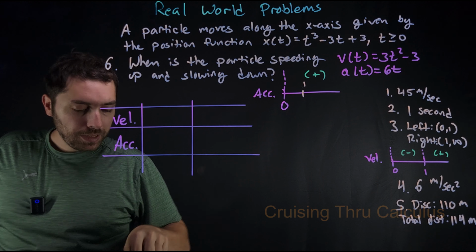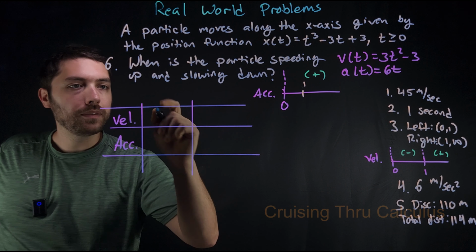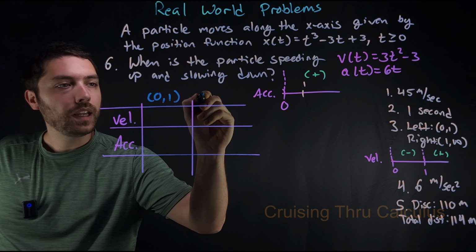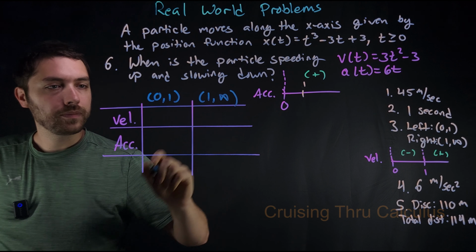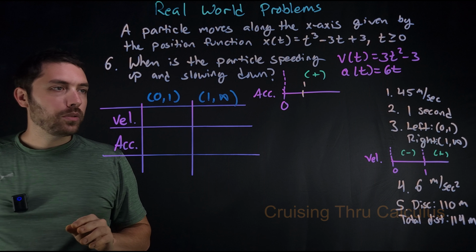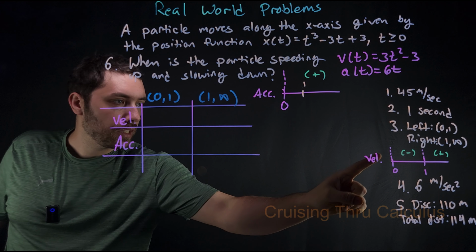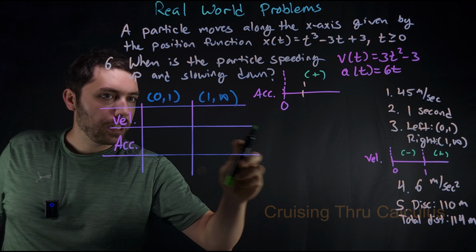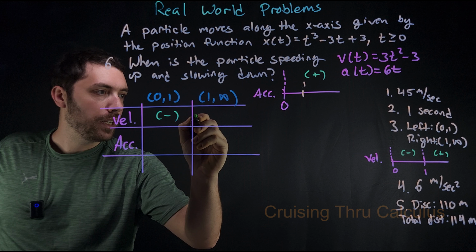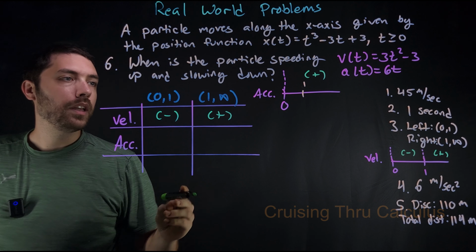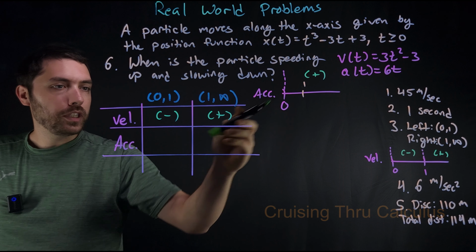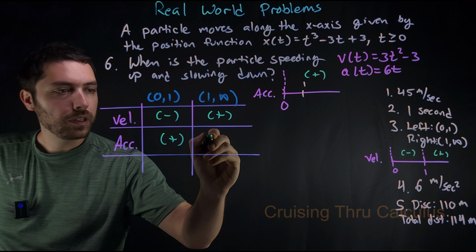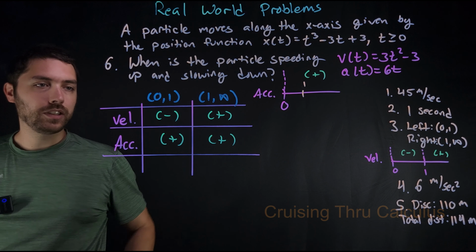If I combine these two, what I end up with is 0 to 1, that's one of my intervals, and then just 1 onwards. Now I'm going to look and see where velocity was positive and negative. Velocity was negative from 0 to 1, and then positive from 1 onwards. Acceleration was always positive, so I just get to put positive and positive like this.